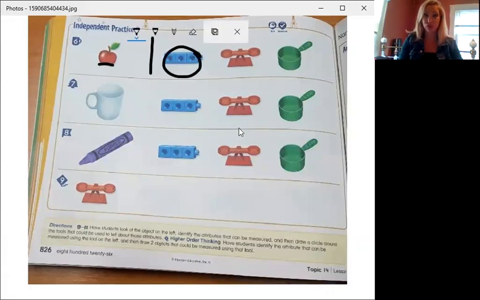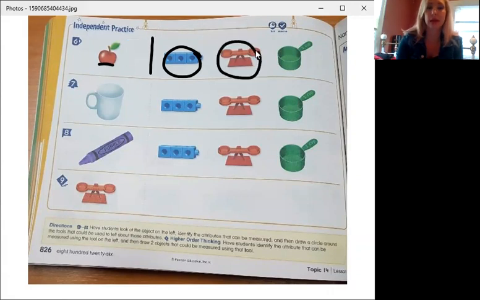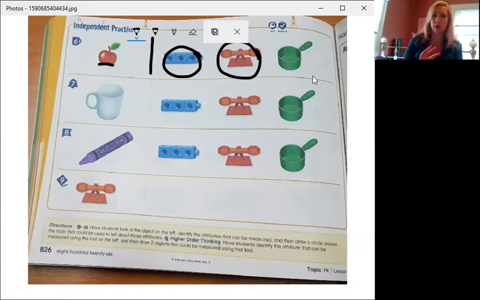Wow, we can use the cube trains a lot to measure many things. Can we put the apple on the scale to measure its weight? Yes. Can we pour the apple into the measuring cup like water? No, we cannot measure its capacity.